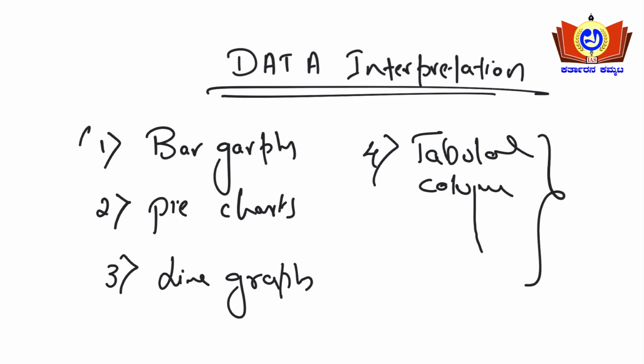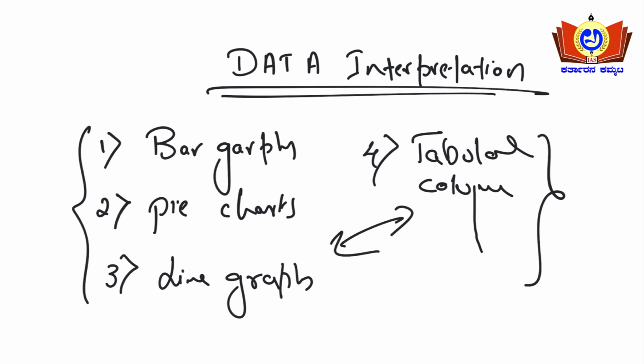There shall be a huge data, and that data will be represented in one of these four different formats, okay? And then the question will be based upon this data given through these different types of representation.